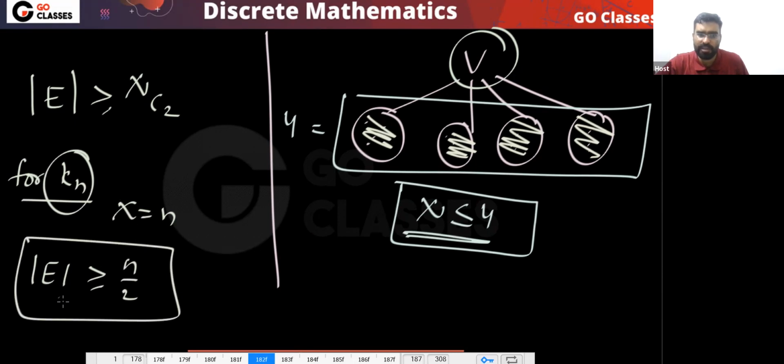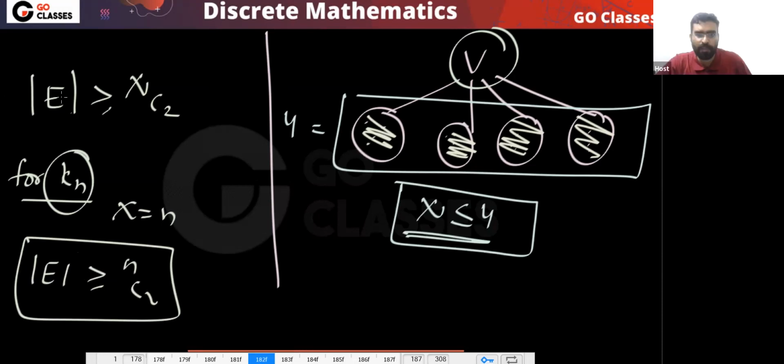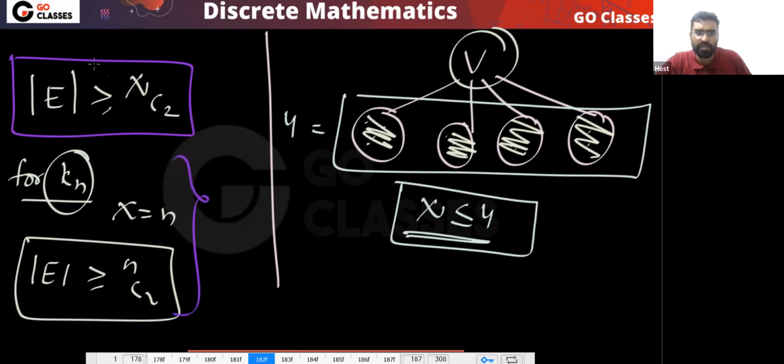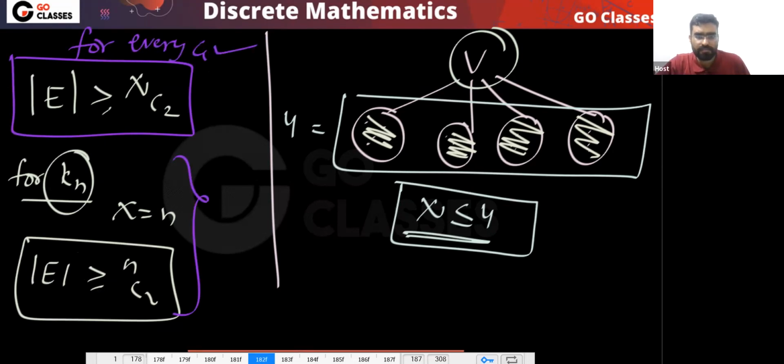But the point is, this result works for every graph. But the reverse way is not true for every graph, right?